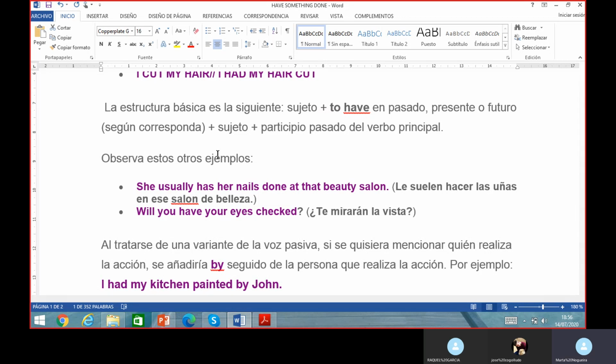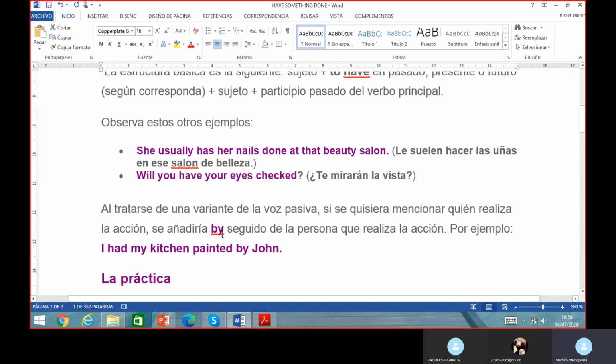Okay, she goes somewhere to do her nails, but she has somebody to do that for her. Will you have your eyes checked at the doctor or in wherever place? I told you that this is related to the passive voice. That is why we are seeing it today.